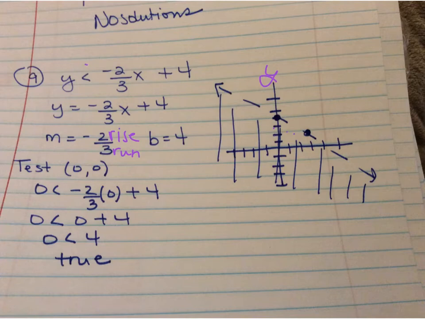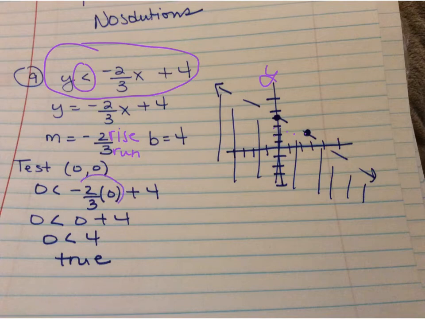And because the inequality was less than, that means I'm going to do a dotted line, which I did, and then I have to pick a test point. And as you recall, I always used 0, 0 if possible. When I plugged 0, 0 into the original inequality, remember you always go back to the original inequality, you get 0 is less than negative 2/3 times 0 plus 4.